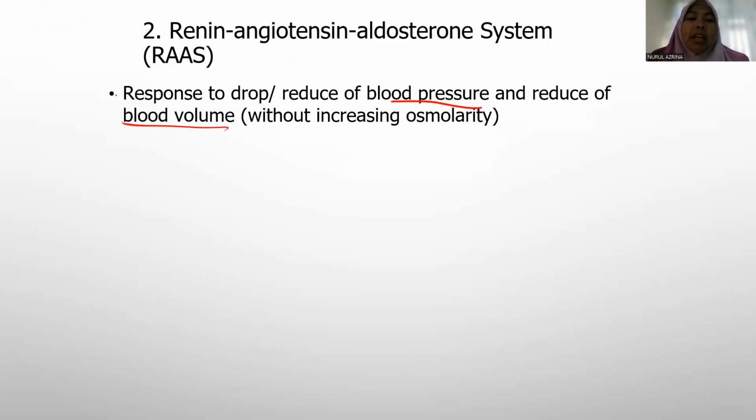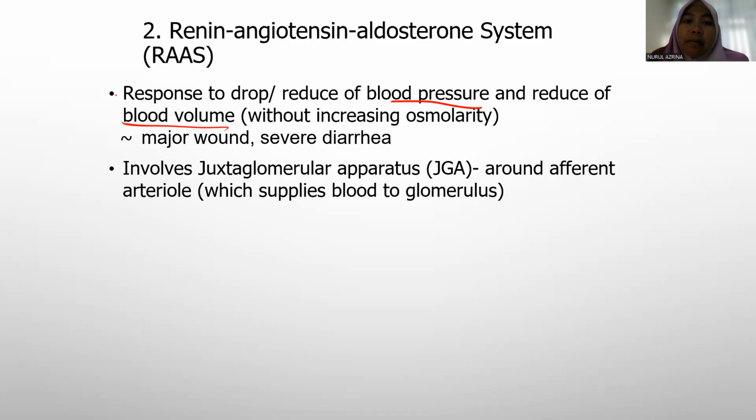It happens when you have a major wound or severe diarrhea or vomiting, for example. It involves the juxtaglomerular apparatus, or JGA, that is surrounding the afferent arteriole, which, remember, is the arteriole that supplies blood to the glomerulus.